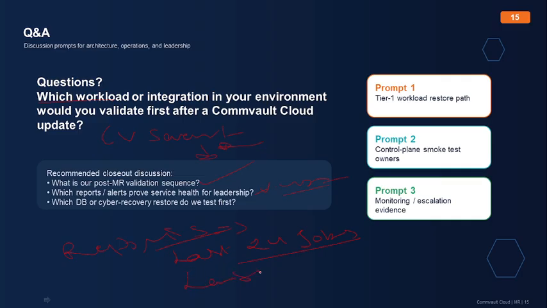Are you just sending a dashboard report saying that after the maintenance I checked a few things and it's working fine? So you can tell me which reports and alerts prove service health for leadership. Which database or cyber recovery restores do we test first? Tell me each and everything.